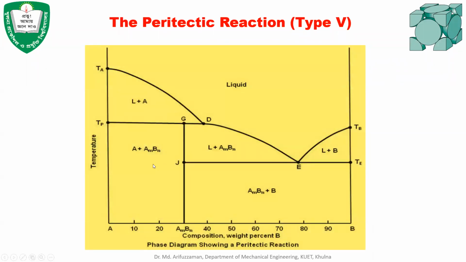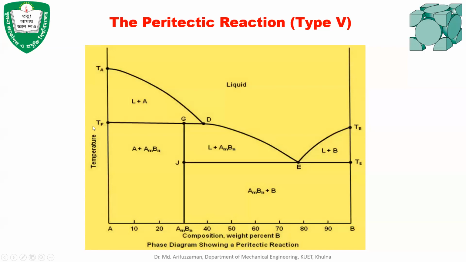This is one of the schematic diagrams. In the ideal case, the schematic diagram shows the peritectic reaction, and any reaction in the phase diagram is represented by a horizontal line. In the case of the eutectic reaction, the eutectic reaction line is a horizontal line.